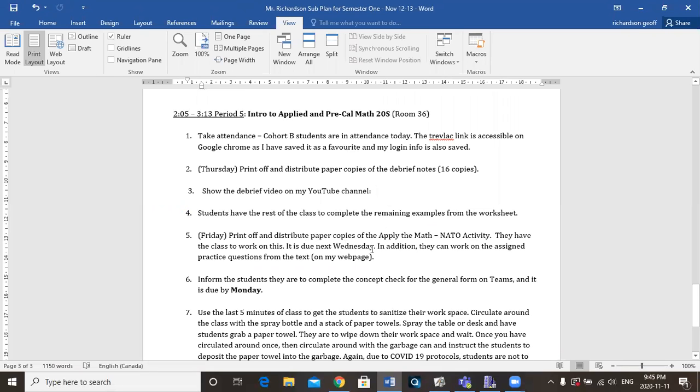So I'm not giving you your typical practice worksheet where the first page is notes and then the others are questions with answers. You have lots of questions from the textbook. You have the practice questions from the team's notes, and you have this activity, which is due by next Wednesday. It's due next Wednesday because that's when I'll be back in the classroom from remote teaching. So I will collect the paper copy of that you'll get tomorrow.